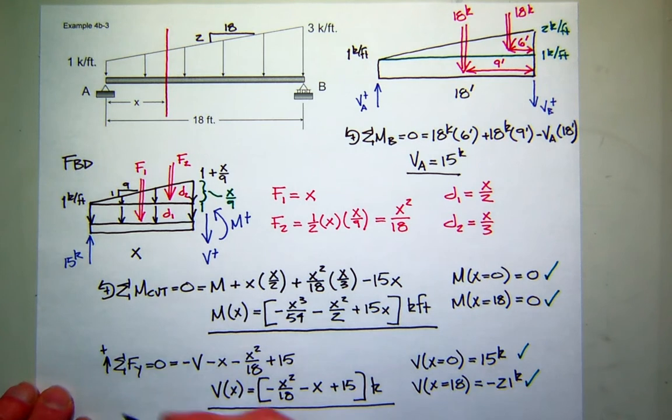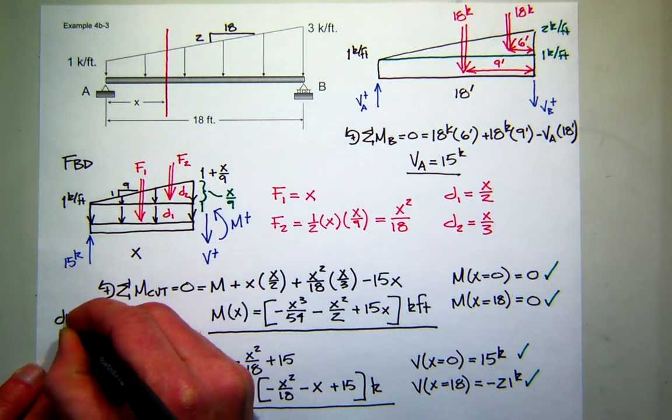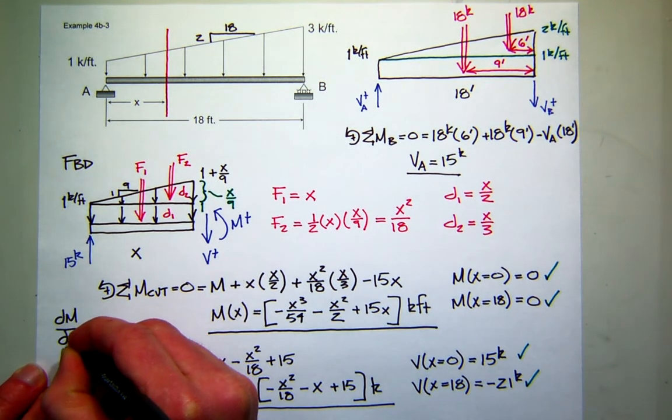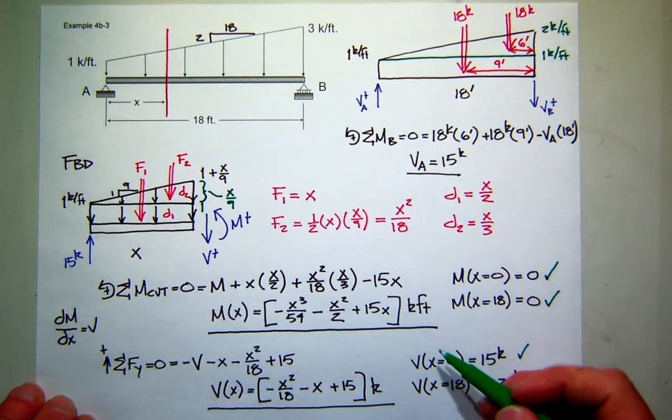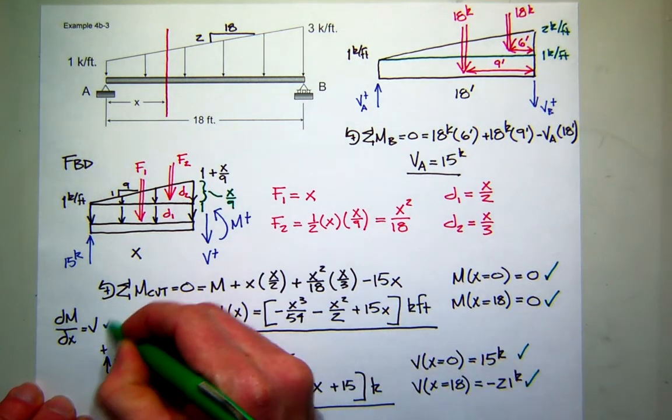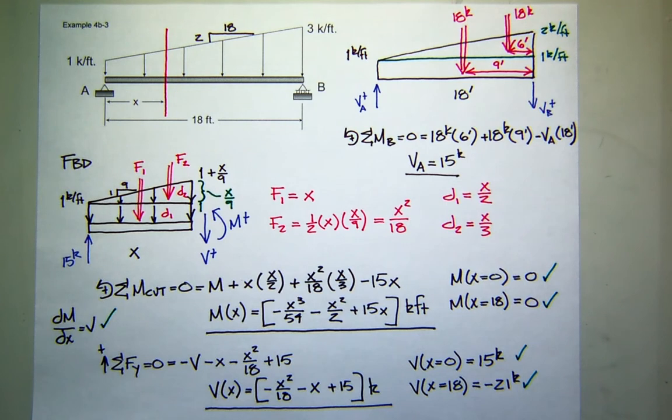What about the last one? Does the derivative of the moment with respect to x equal the shear? I think if you check it, you'll see that it does. So we got everything in this problem. And the great thing is now that we have an equation. So where would the moment be maximum in this beam? I have an equation for moment.